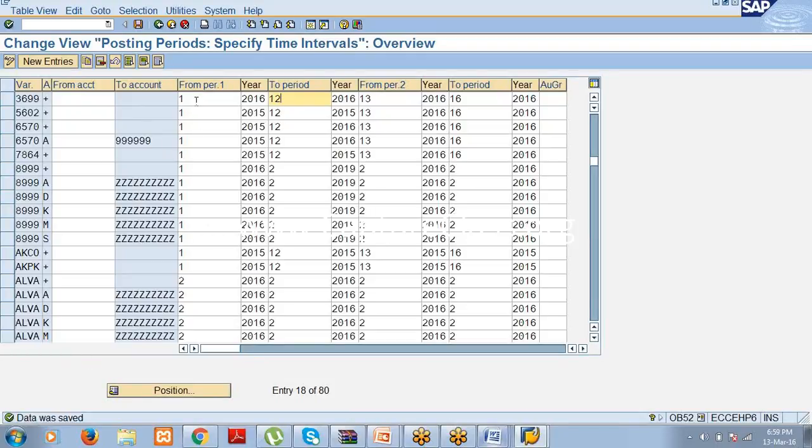Here, this is the case. These are the values you have to enter when you are doing the practice with the US company code.